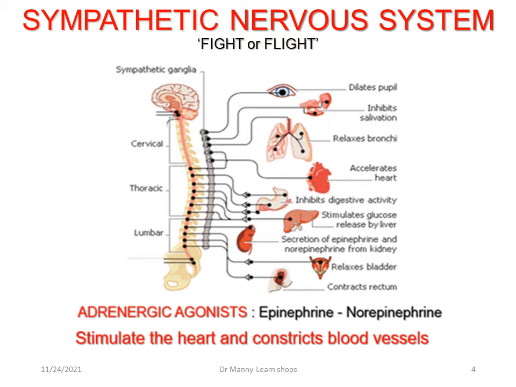And the adrenergic agonists are epinephrine and norepinephrine, and they stimulate the heart rate and they constrict the blood vessels so that the non-vital organs aren't being given blood. In case you want to run away, your muscles need blood, your brain needs to be stimulated with oxygenated blood. The heart pumps blood to your vital organs, which are brain, lungs, and your muscles in that situation.